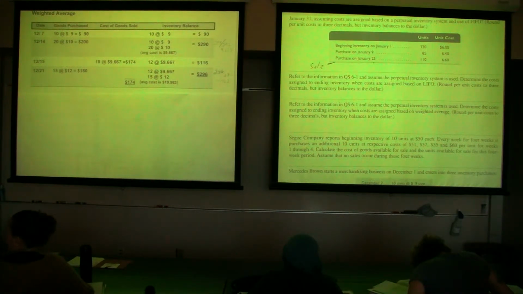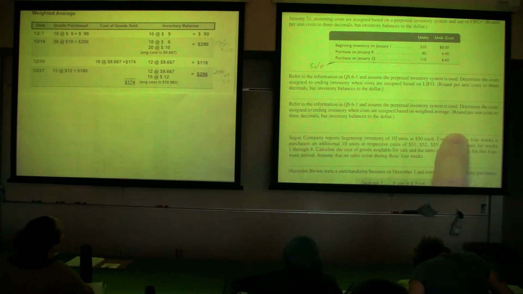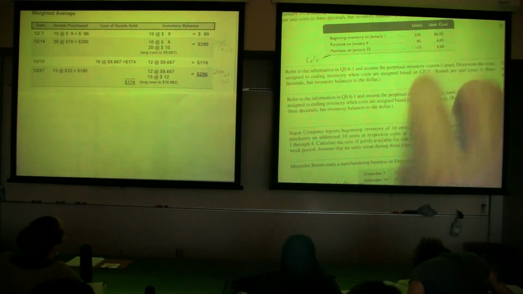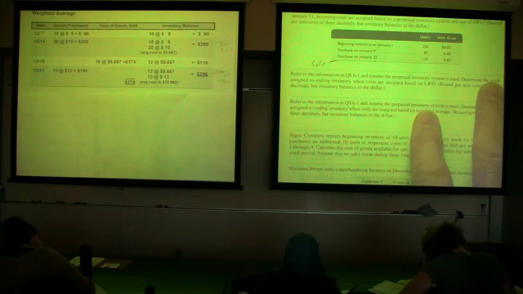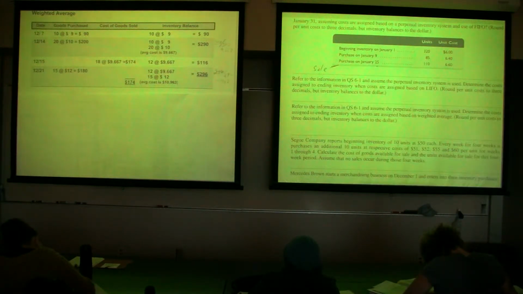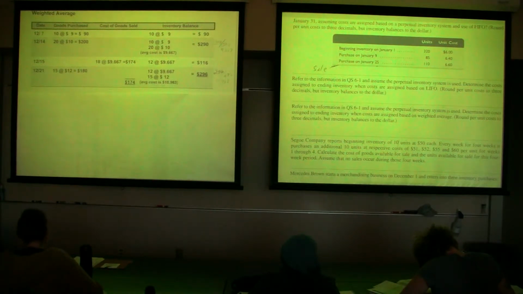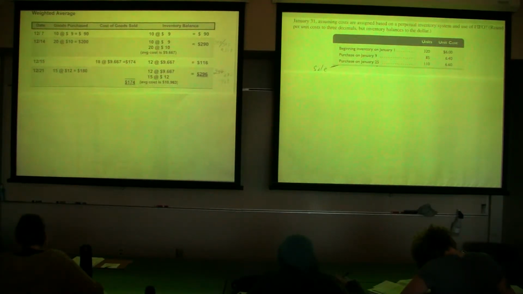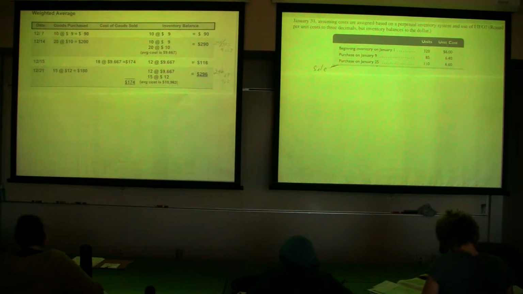Right here, what we're doing is 6.3, but it refers you back to 6.1. So we're using the stuff back here in 6.1, and what they want is the value of the ending inventory based on weighted average.